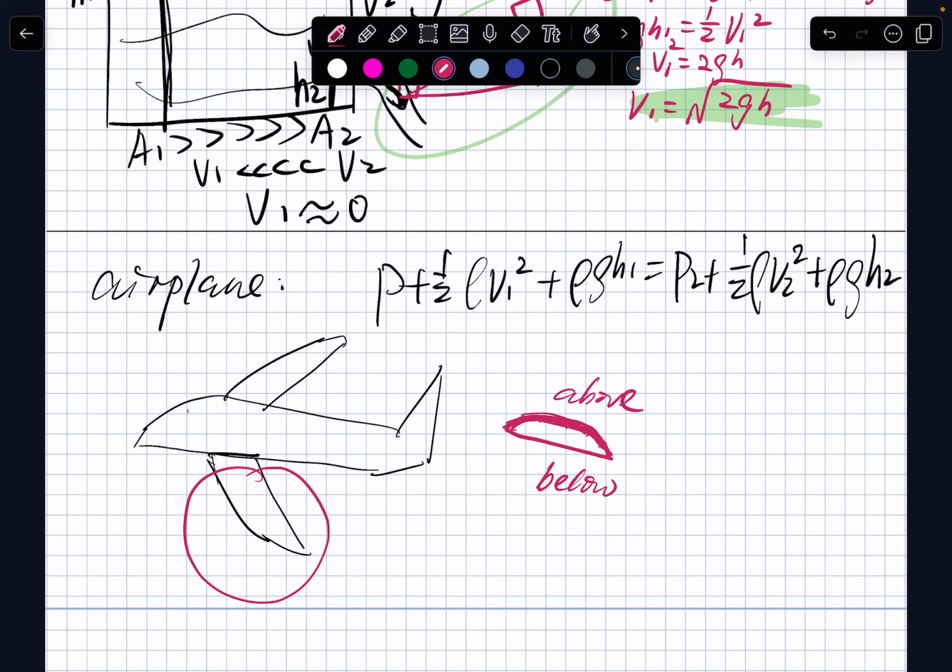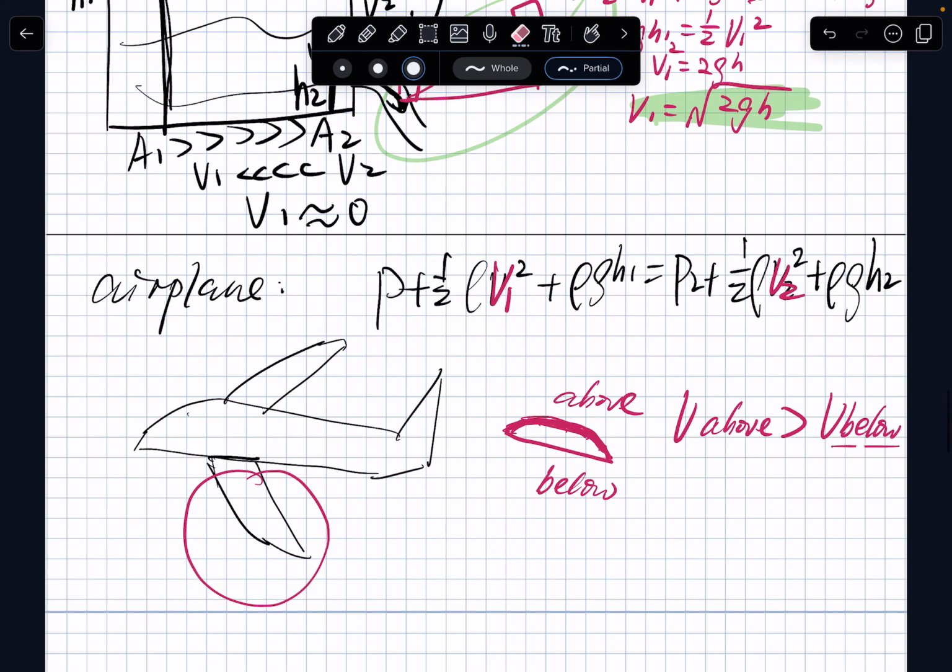Because for this part they use more material, it is more curved, so that when airflow travels, if they want to have the same flow rate, the continuity law, then due to the difference in surface area, V above must be larger than V below, right? Let's say V above is V1, and V below is V2, okay? So they have different velocities, okay?